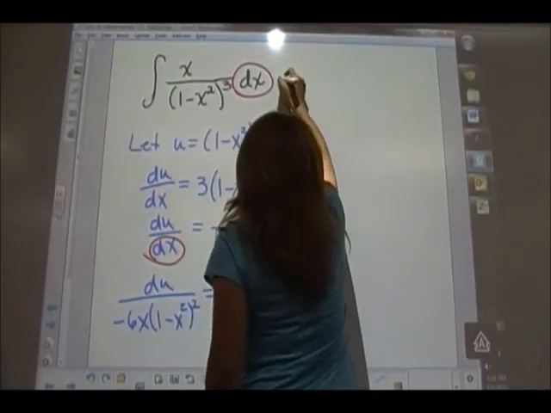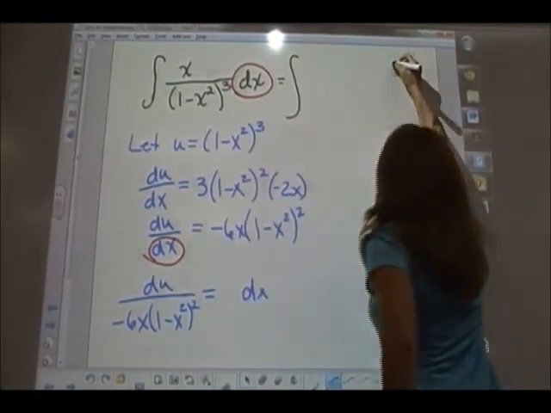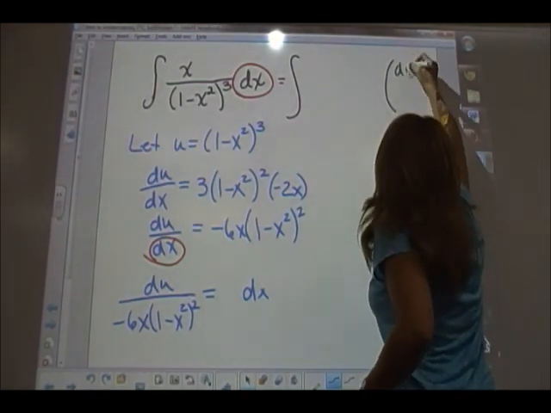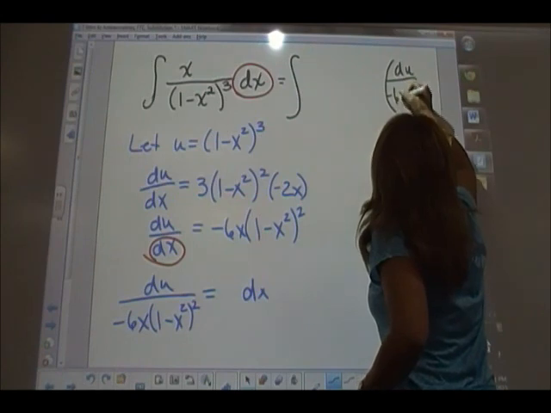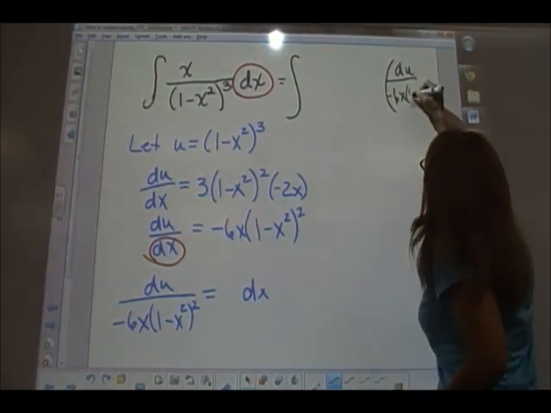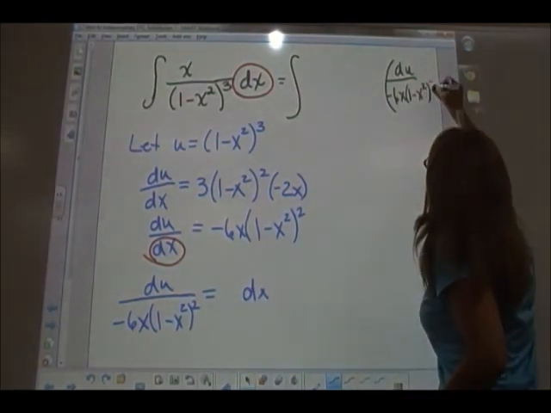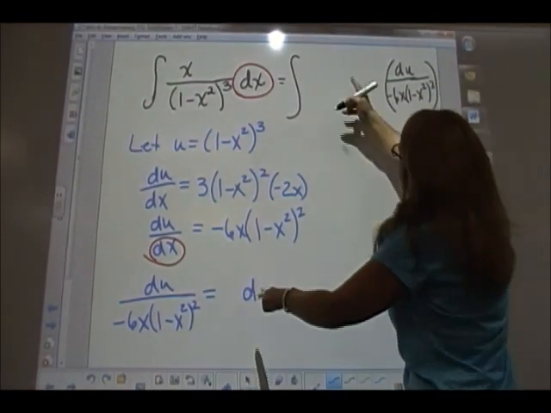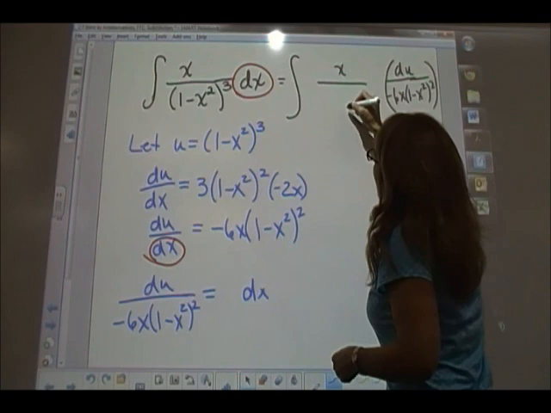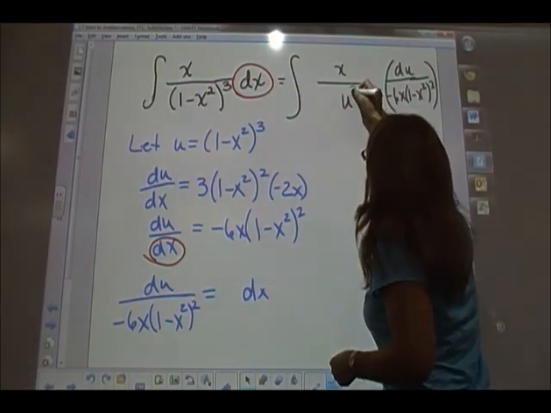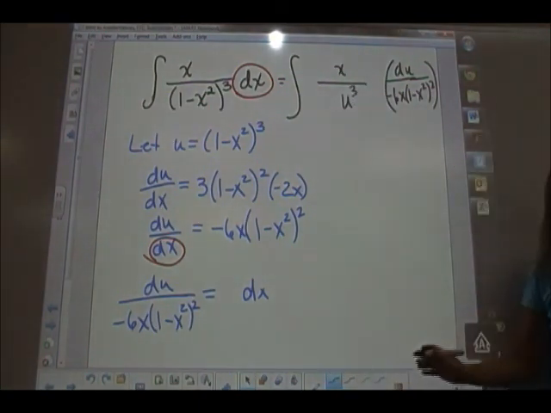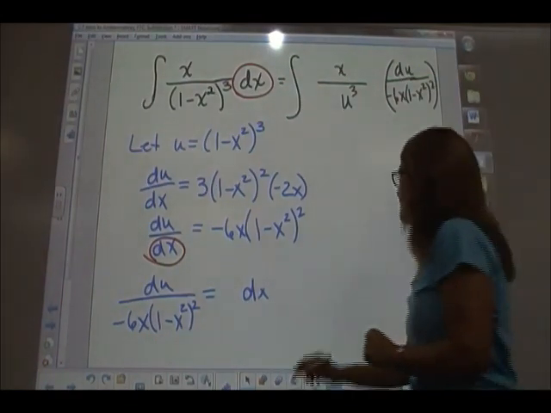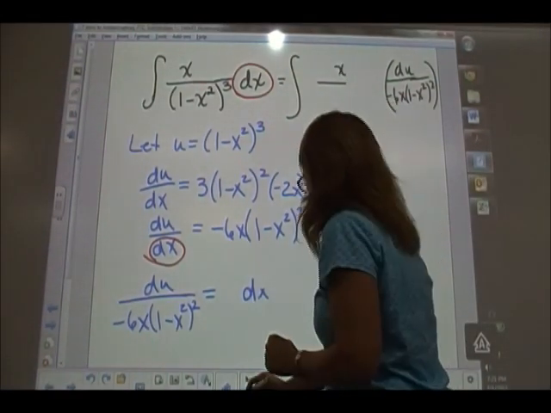So that would mean I'd have a du over negative 6x times 1 minus x squared, and then I've got an x up top, and I've got a u cubed on the bottom, right? That's the substitution. It's just a u.